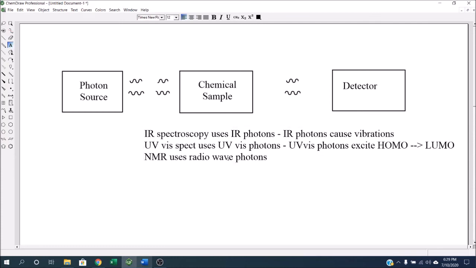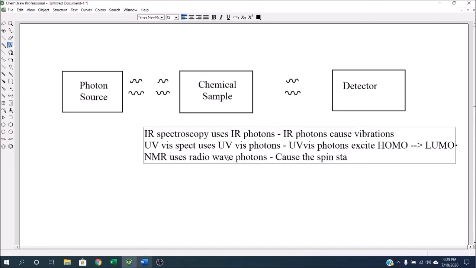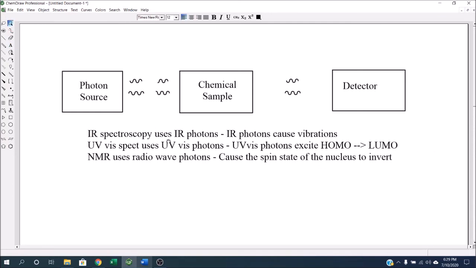And then finally, NMR uses radio waves, and this isn't part of today's lesson, but while we're here, let's talk about this. The radio waves cause the spin state of the nucleus to flip or invert. Just kind of store that in the back of your mind, information for another day.